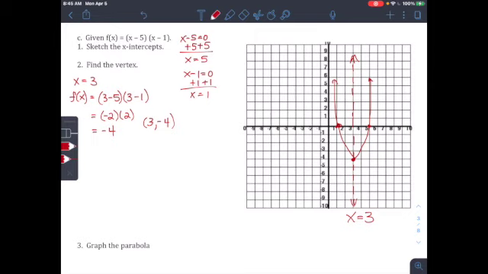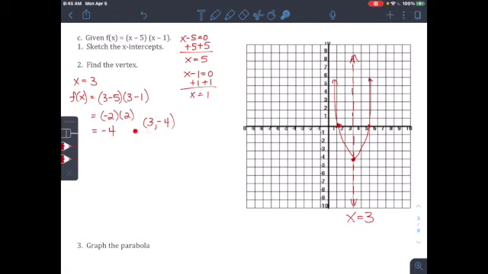That symmetry line is what you use to plug in, because that's the x coordinate of your vertex. So I take the x equals 3 and plug it into the original question, so that becomes 3 minus 5 times 3 minus 1. When you simplify, you get -4. That's the y coordinate of your vertex.